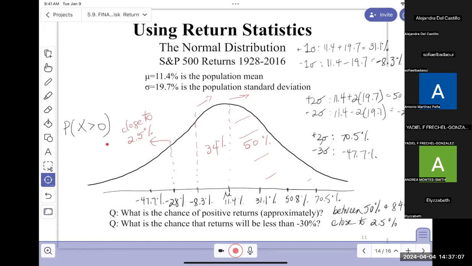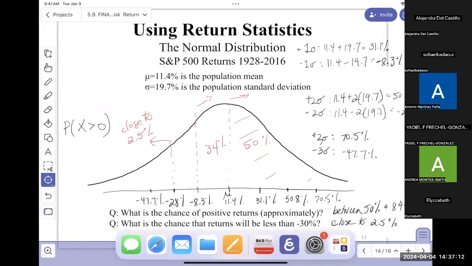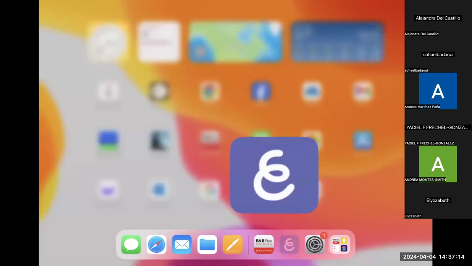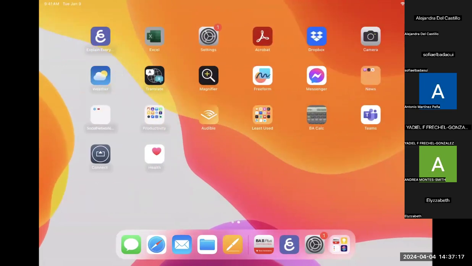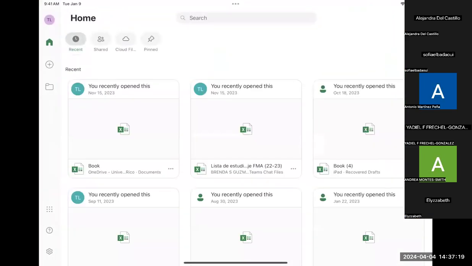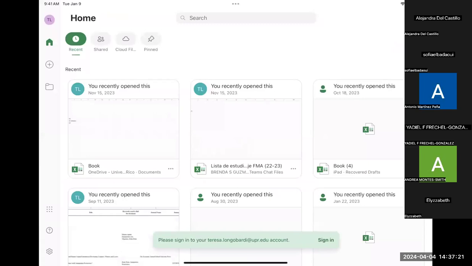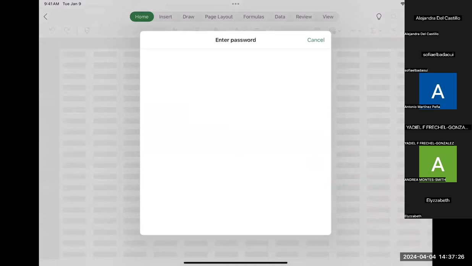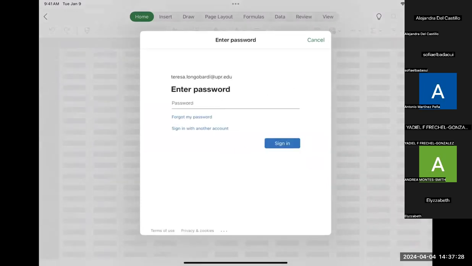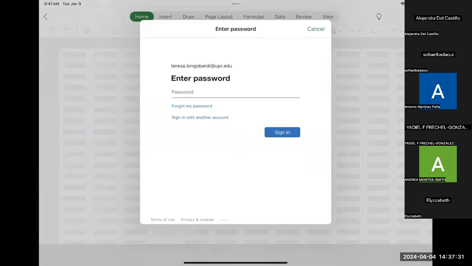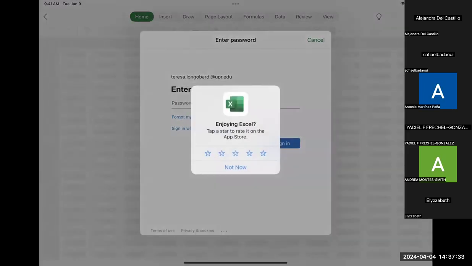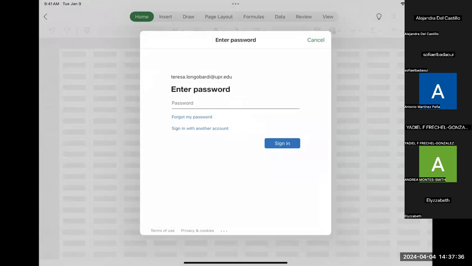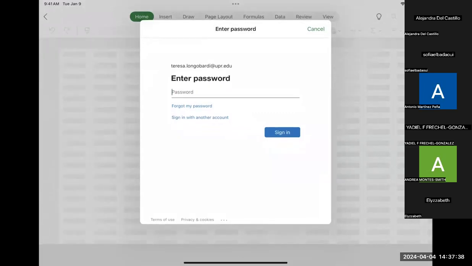If you want to use Excel to get the exact answer for this, let me see if I can do that. Let me see, Excel. Password. Why I never like to open Excel. I should just use it on my computer. Okay, if this doesn't work, I'm just going to open my computer.